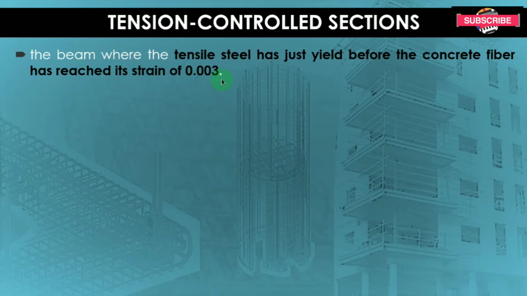Okay? So yun ang kaibahan ng balance section, compression control section, at saka yung tension control section. So try to remember those, no, because this will be very helpful, no, pag doon na tayo sa application ng problem. Okay?